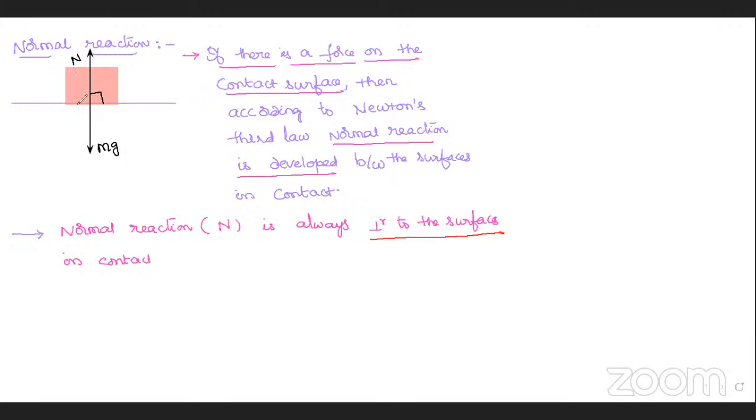When a book is placed on a horizontal flat surface, the book won't fly, won't slide, which means net force is equal to 0. That's why F net equals 0 along the y-axis. So along the y-axis net force is 0, which means are N and mg equal or not?